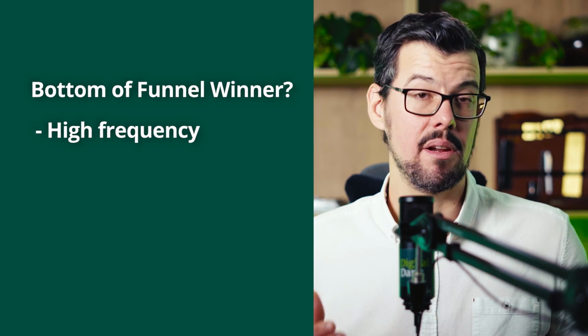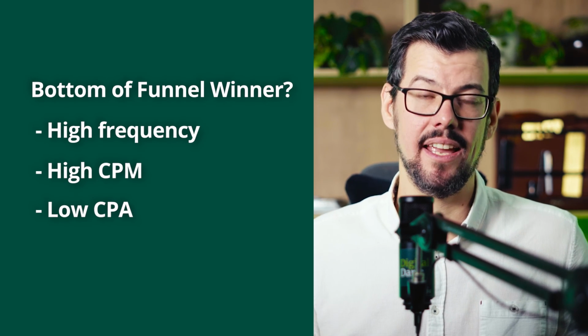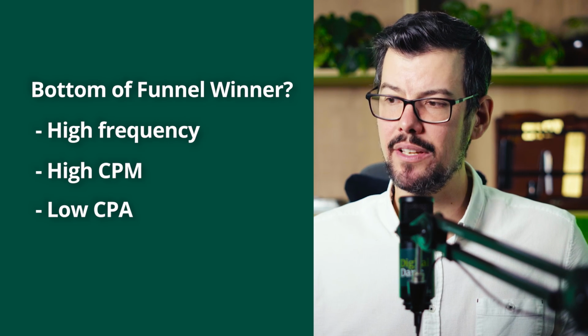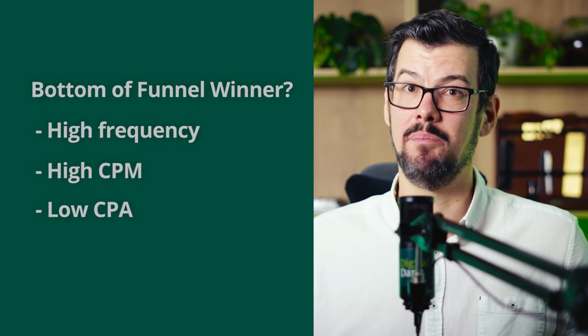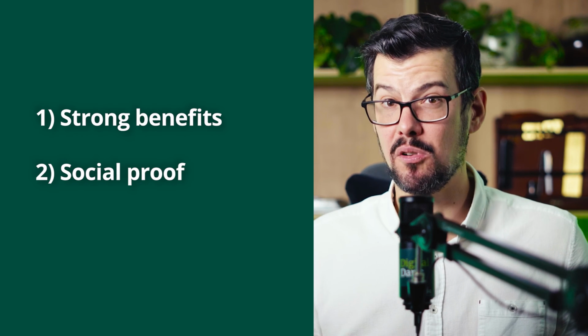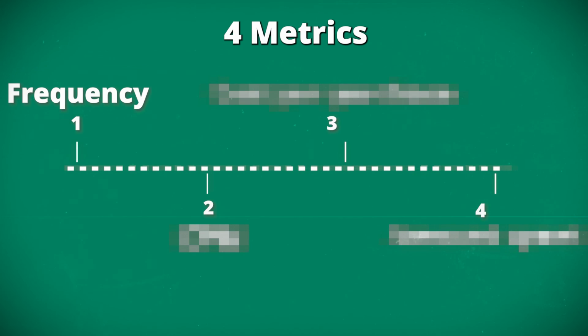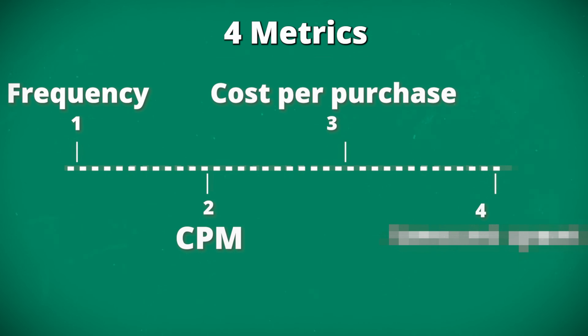Something with high frequency, probably higher CPM, and definitely a lower CPA. So that's a gap I can fill by making a new bottom of funnel ad focused on strong benefits, social proof, possibly a static image. From just these 4 metrics, frequency, CPM, CPA, and amount spent, you can see what exactly is working, what's not, and what to do next.